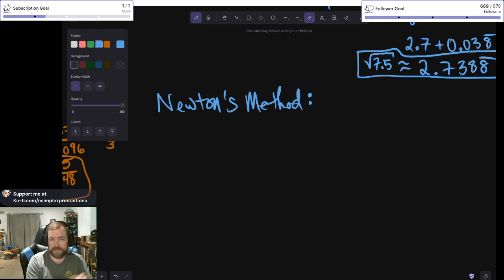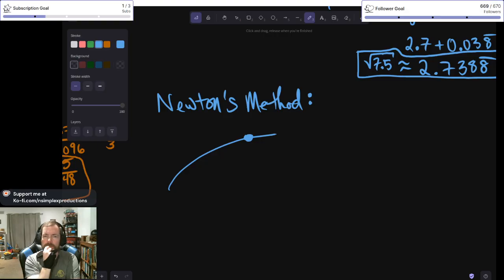So Newton's method says, let's pick a particular value on our function. Right, okay, this is for finding zeros of a function, so I might have boxed myself into a corner here.